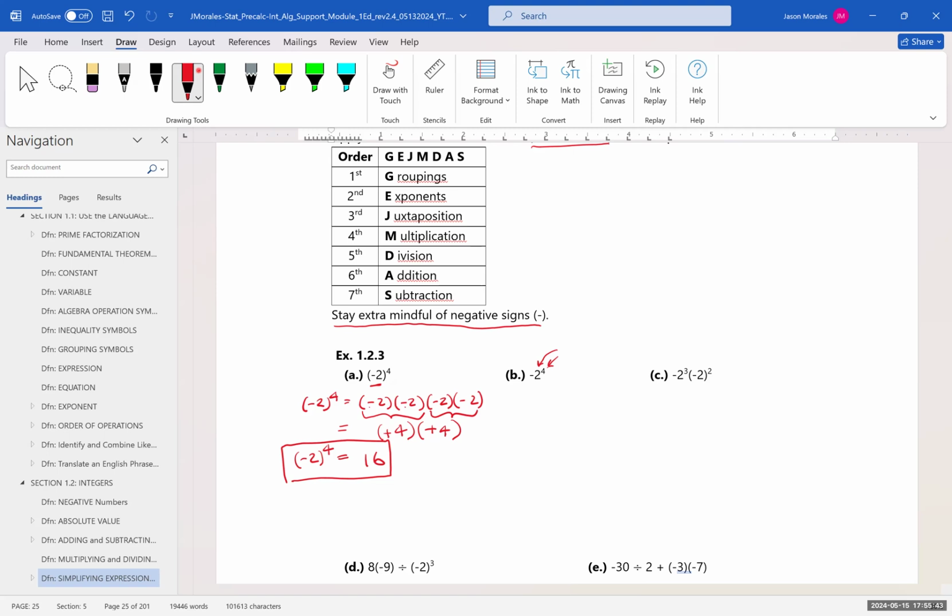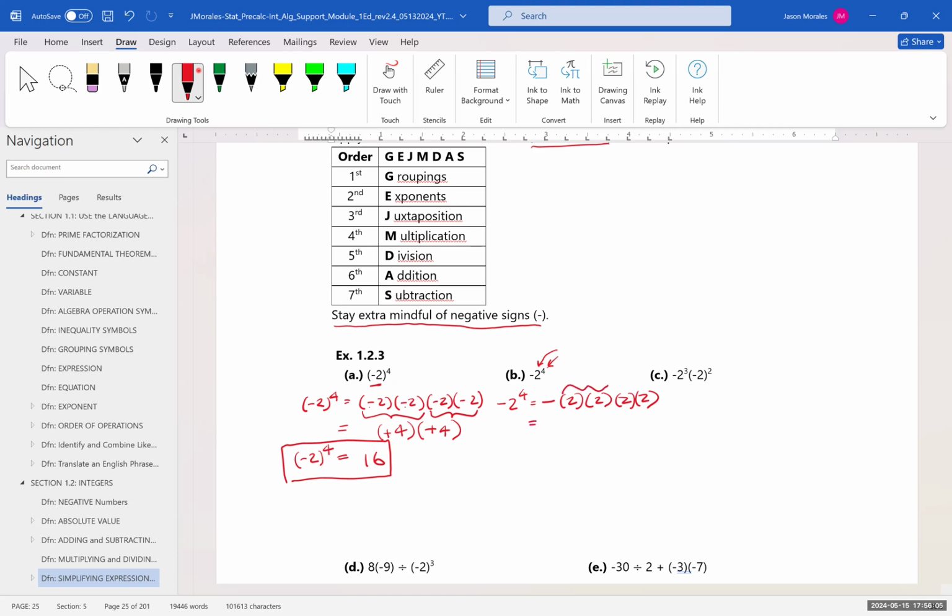So what we've got here is -2 to the fourth is -2 times 2 times 2 times 2. So the base is 2, and it's to the fourth power, which means 2 is being multiplied to itself 4 times.